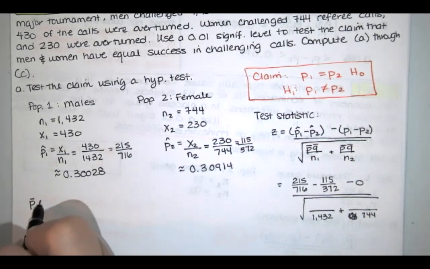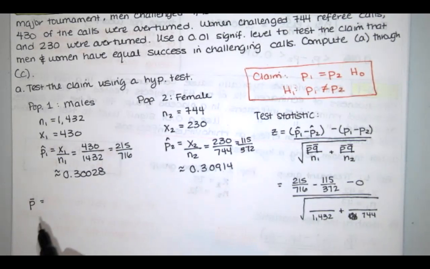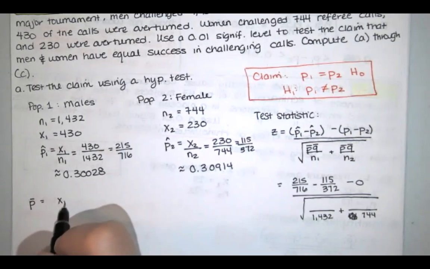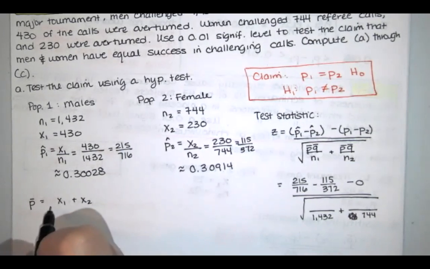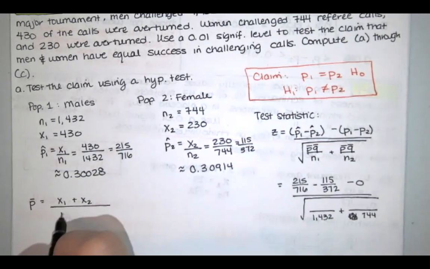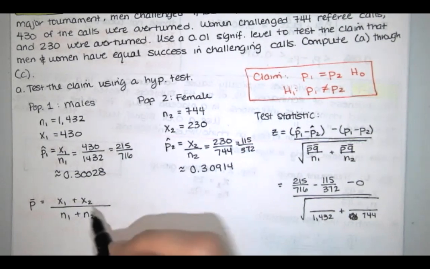So that's as if we're taking all of this data and making it into one larger sample. So we're saying, well, what is the proportion of calls that were overturned? Well, we'll take the overturned calls from both samples and we'll divide by the number of calls that were challenged.